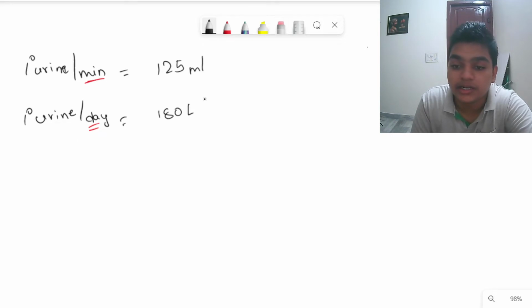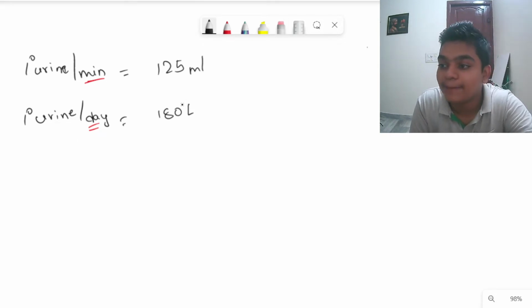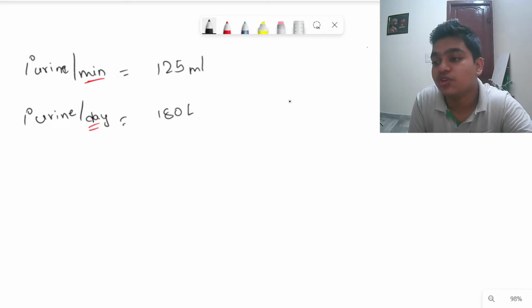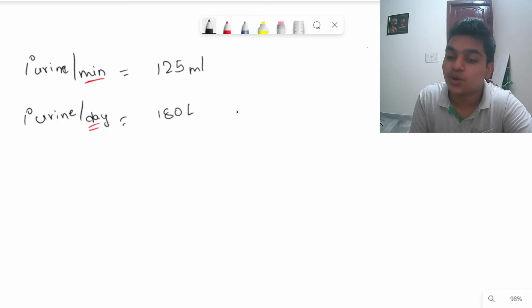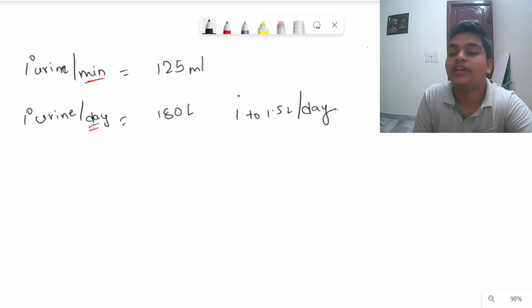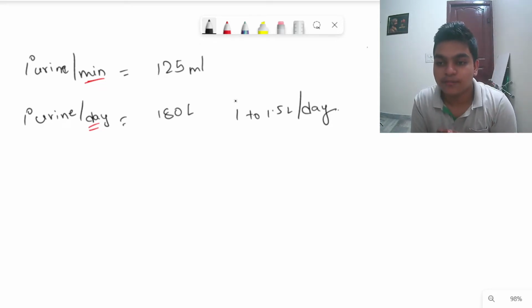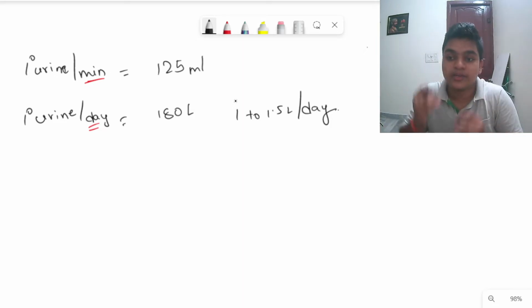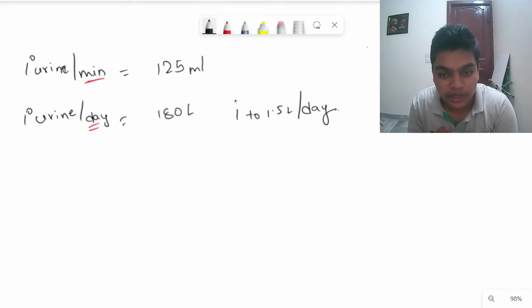And this consists of all the essential components which I have told you before. So in order to remove those and produce only a urine of 1 to 1.5 liters per day, not per minute, per day, we do selective reabsorption, and that reabsorption is being done by the tubular part. I have already told you.